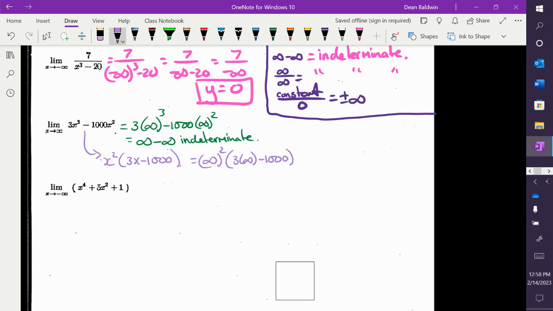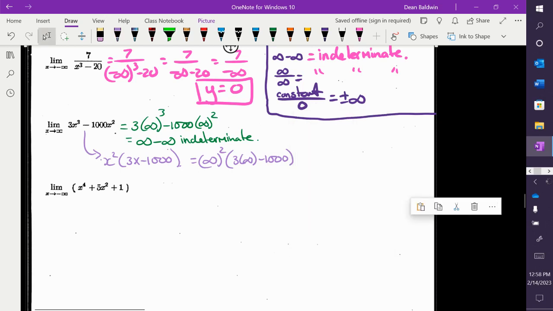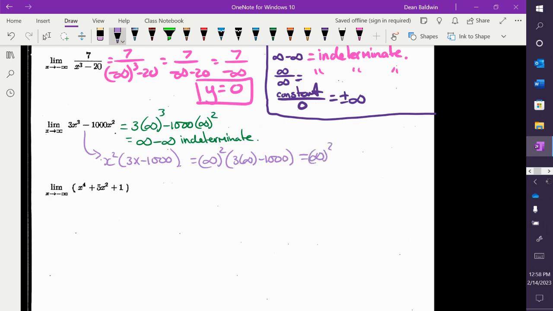Do what's in the brackets first. What's 3 times infinity? Infinity, right? What's infinity minus 1000? Infinity. So then I'm left with infinity squared times infinity. What does that equal? Infinity. So what's your answer? Infinity. There is no horizontal asymptote.